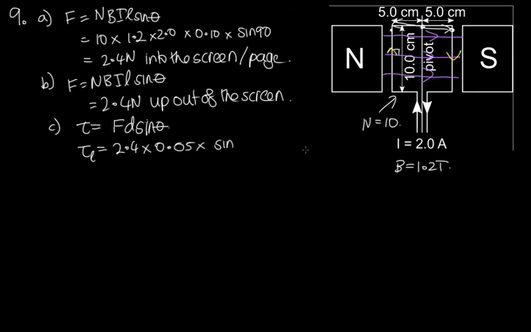Now, times sine theta, and theta is the angle between this d thing, which is in this direction, and the force, which was down into the screen, so that is 90 degrees. And so solving this, we end up with 0.12 Newton meters. And this, if we're looking at it from this end, so if we imagine looking at it from that direction, then this is going to try and get it to turn counterclockwise.